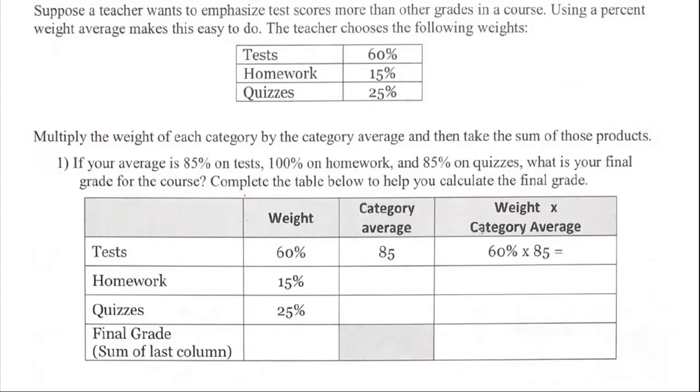So here we have 85 for tests, 100% on the homework and 85% on quizzes. There are two ways to do this. We can change each of these columns into percentages or decimal values, or we can just do one of them.